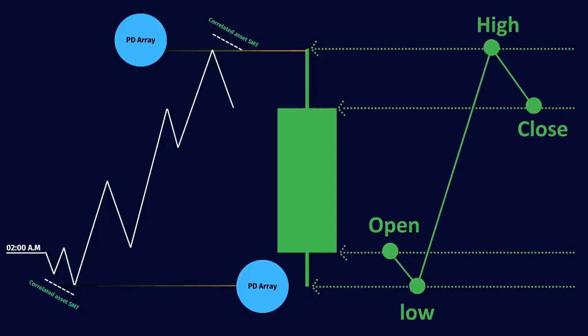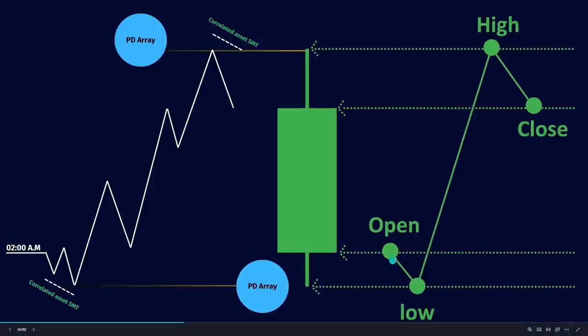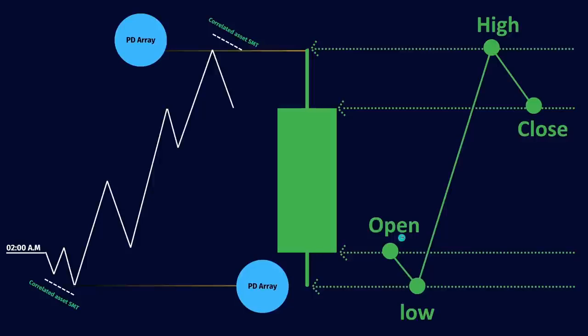Okay, but inside this representation candle, in lower time frames, you can find the internal dynamics of the price moves, because price doesn't move linearly in one single move. In this representation here, you can see one single bullish move from the low to the high.